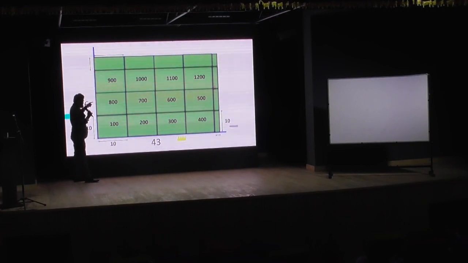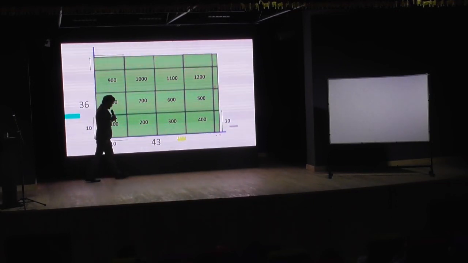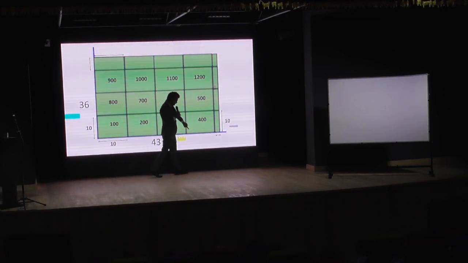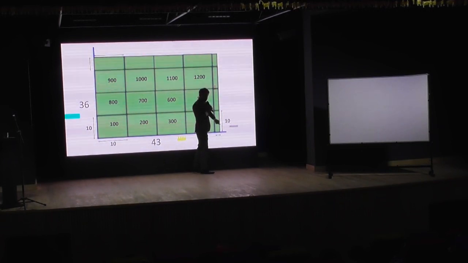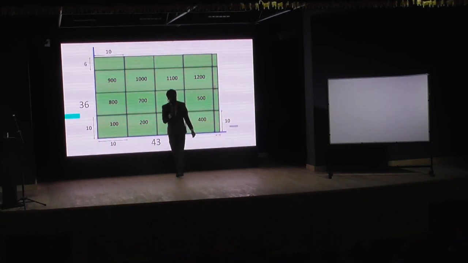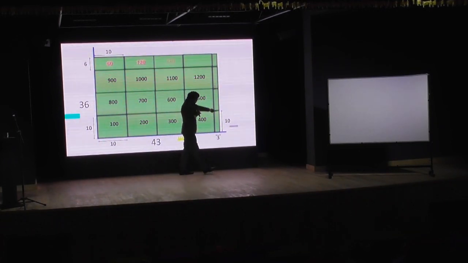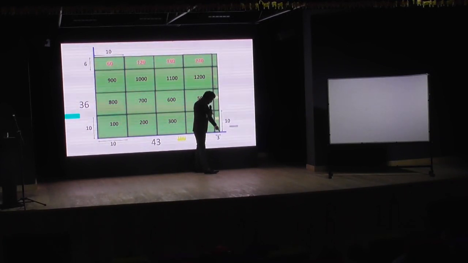10, 20, 30, 6. Similarly, 10, 20, 30, 40 and then 3. Correct? So if I have to measure this small box, it would be 3 into 10. What is 3 tens? 30.